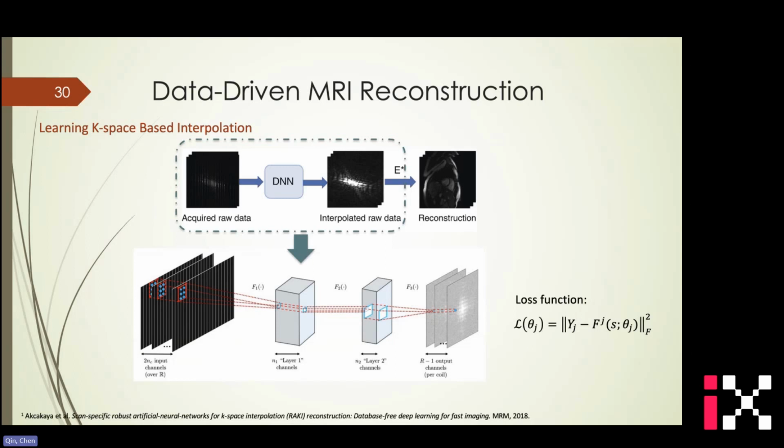Instead of putting it here, we put it back here. We do this interpolation from the raw data directly, and we use some sort of DNN here to learn these interpolations. And some recent approaches also use, if you know them, implicit neural representations. They also learn these directly in the k-space as well.